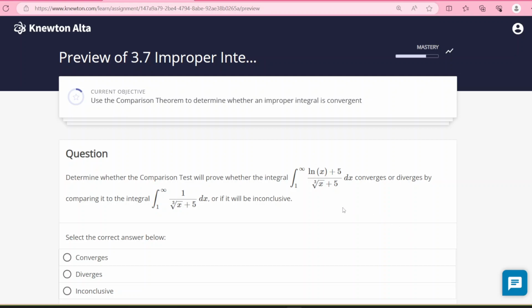Okay, so another one like the first example from this objective. They're asking us to compare this integral to this one, a much simpler one.